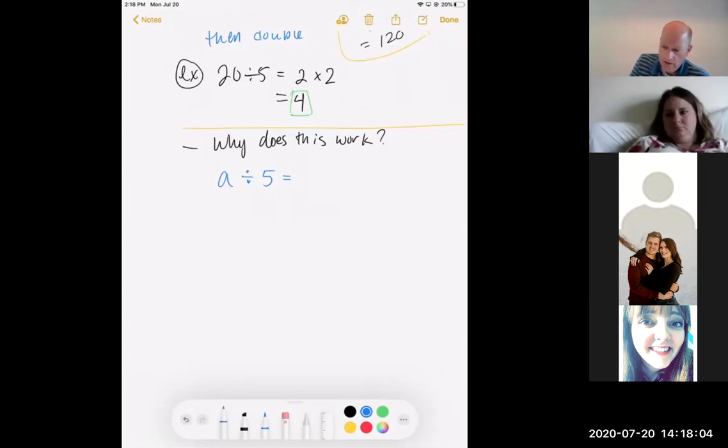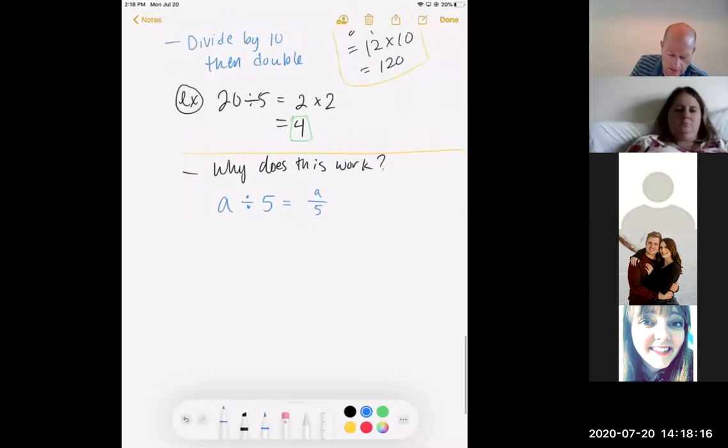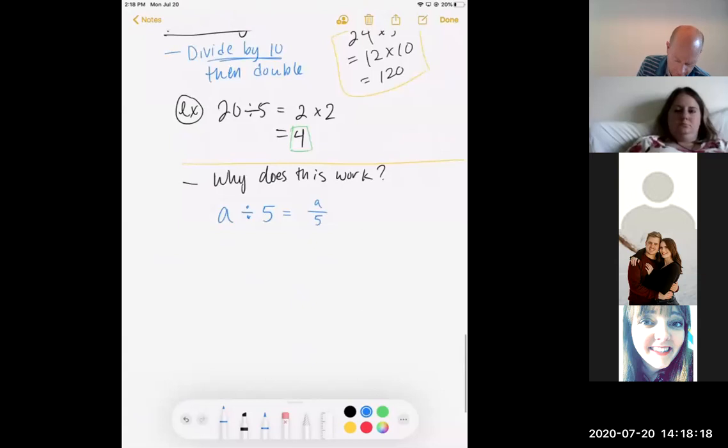Mental math. So what I did to think about this one is I used the fraction approach, that some number divided by 5 is the same as that number over 5 as a fraction. And then what I needed to do was divide by 10 somehow. So I take my number and divide by 10, which means a divided by 10.